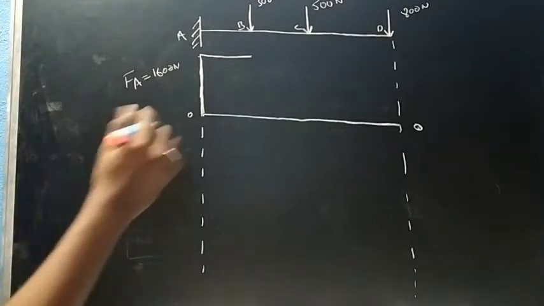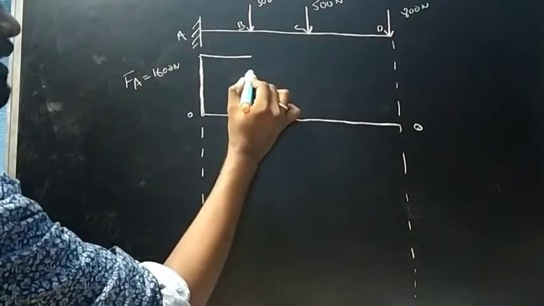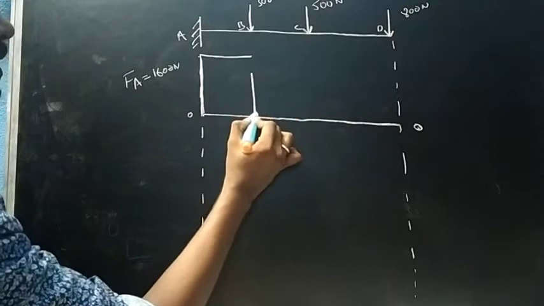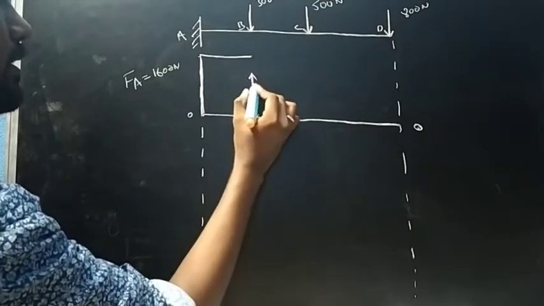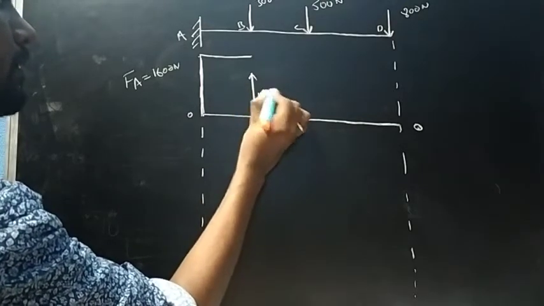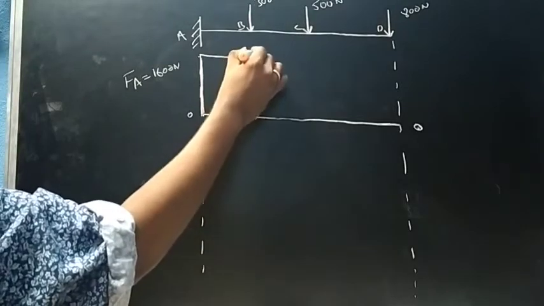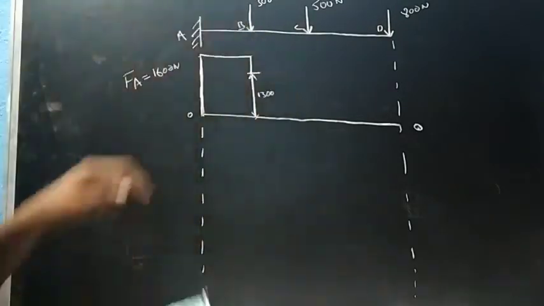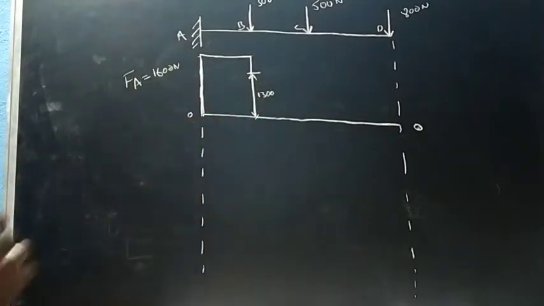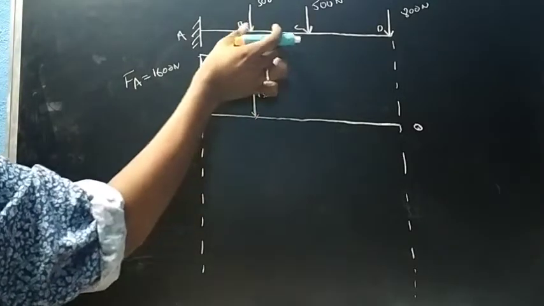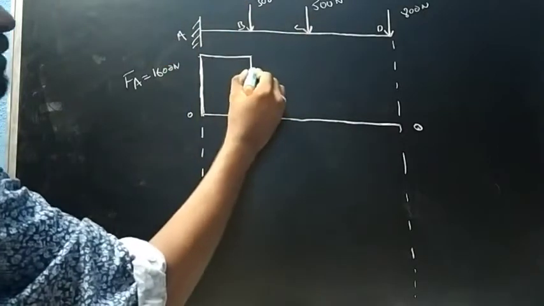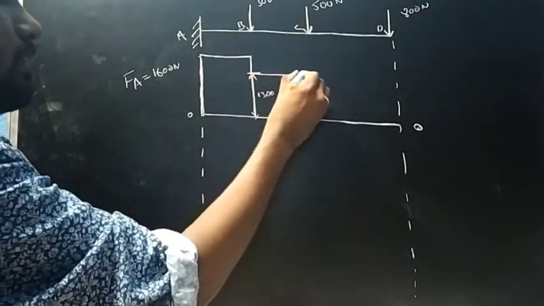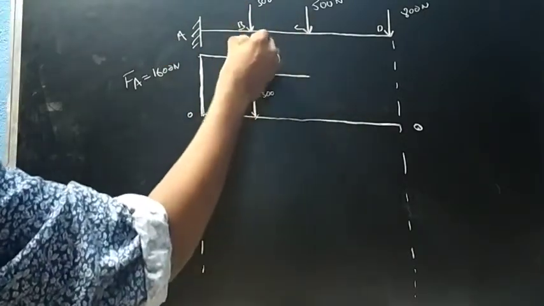Then we got the value that is 1300. So this is 1300 at B. So come back to 1300. Okay, this is our 1300. So next there is no other load between B and C, that means it will continue till C, right.